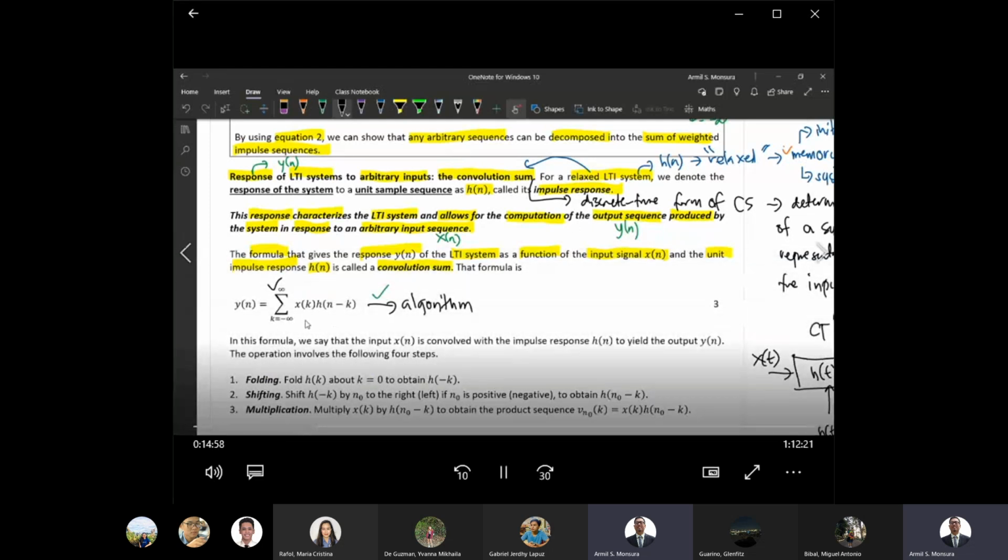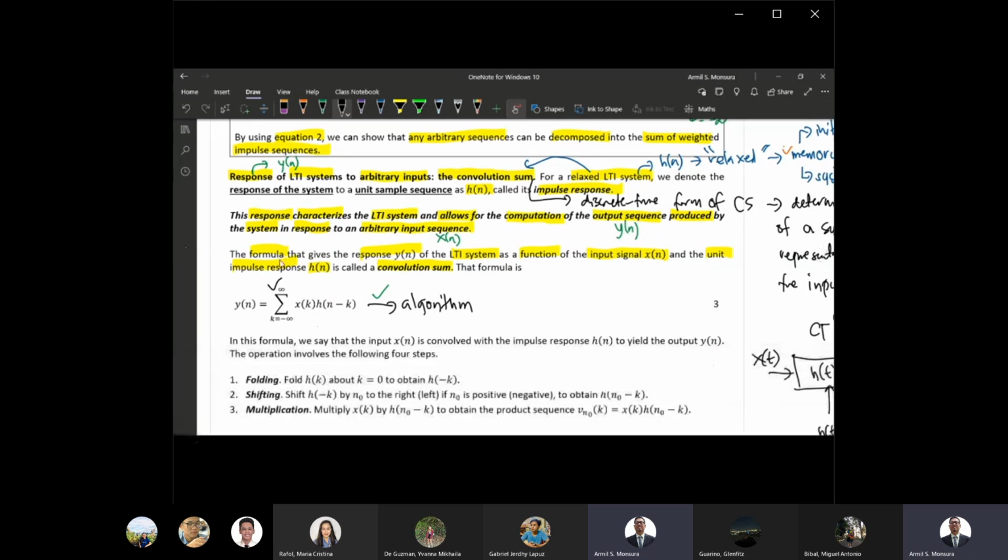In the formula rather than the formula itself. So here are some of the terms that we will have to use. In this formula, we say that xn is convolved with hn.